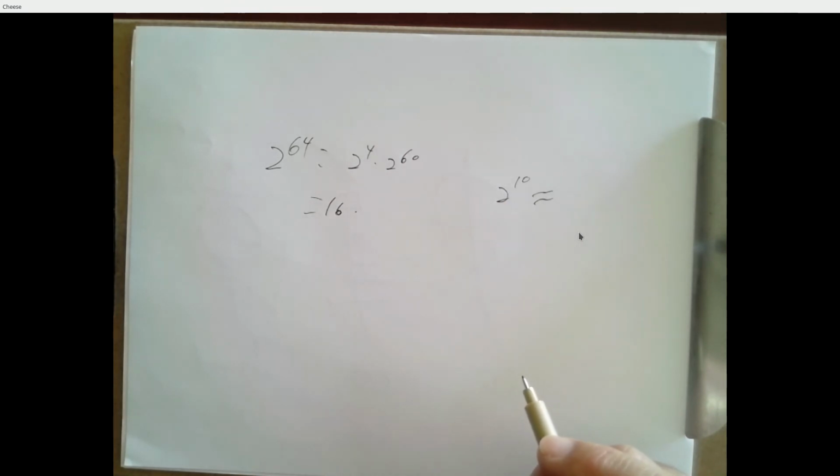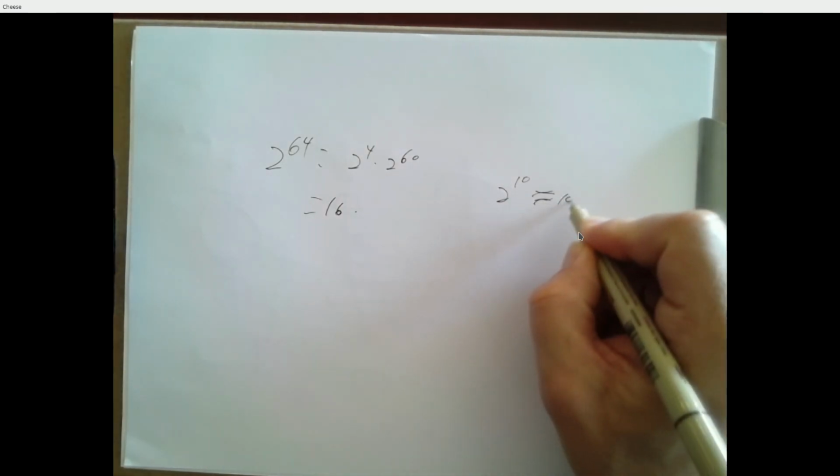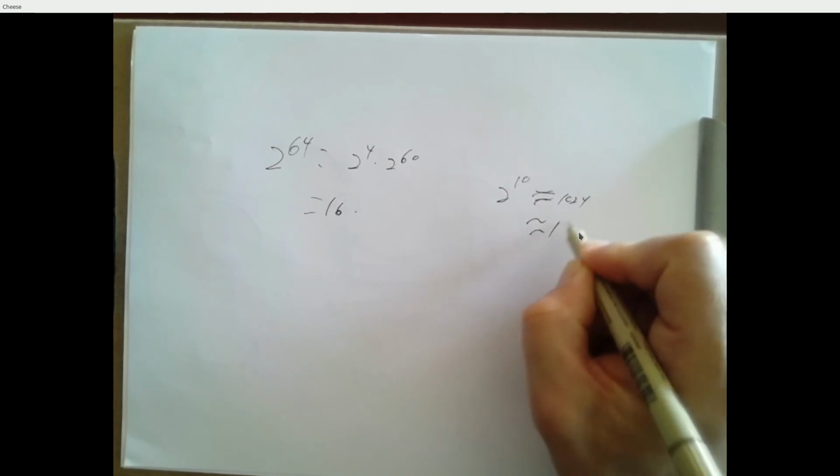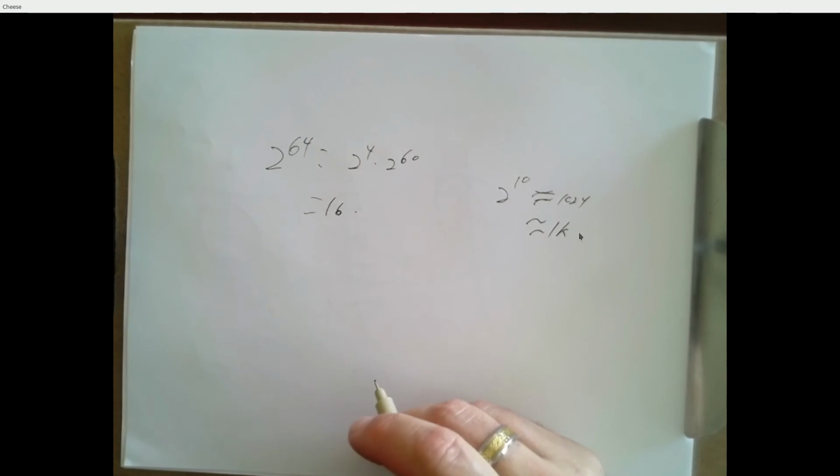You're doing 10th or 60th? Is it 1024? I can probably do 2 to 16 in my head. 2 to the 10th is approximately 1,000, right? It's 1K basically. And so you can get multiples of 10 by just squaring that.